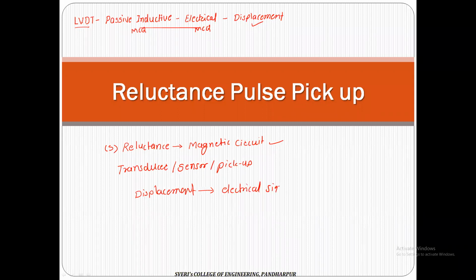Displacement is the input parameter to the reluctance pulse pickup and the electrical signal is the output parameter. Now, how can the displacement be measured? First, let's see the basic construction of the reluctance pulse pickup, and then we will see how it works.